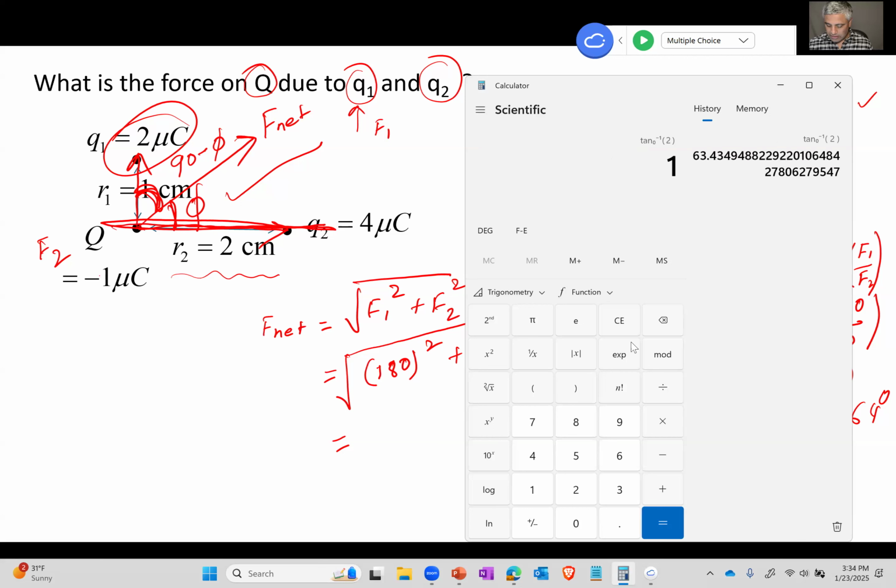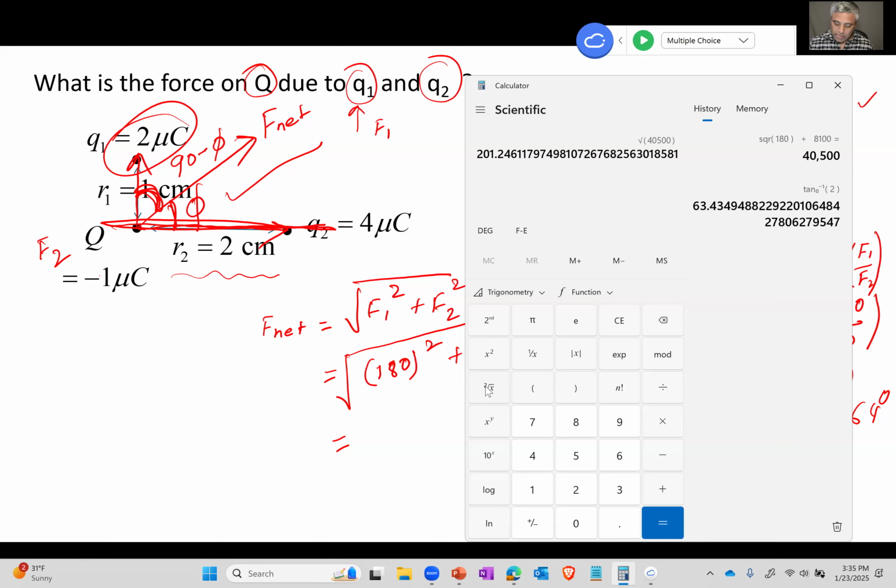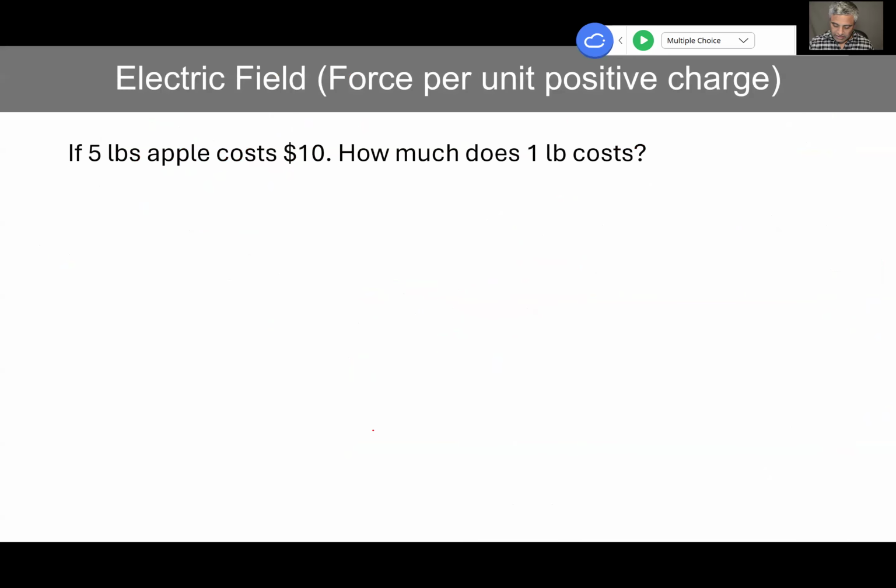So let me clear all that. 180 squared is that, and then plus 90 squared, that is 8100. I can do that in my head. And now let's take the square root. So 201 something.